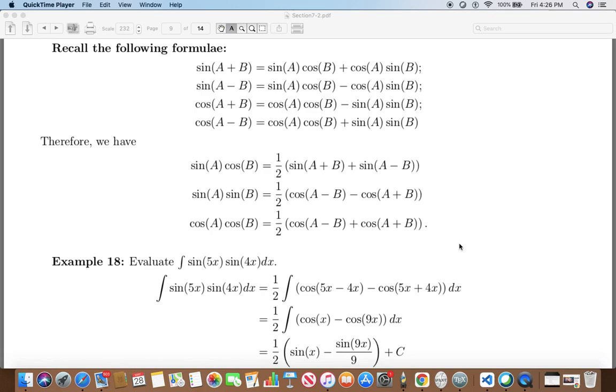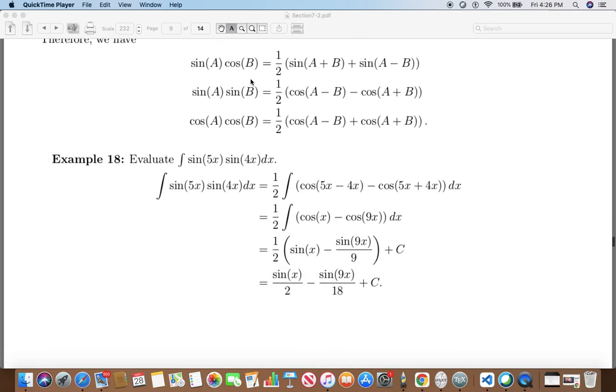Now this is very useful. Why? Well, we are going to use these identities to evaluate something like this. Sorry, the integral of sine of 5x times sine of 4x dx. So you have a product of two sines with different arguments. Well, fortunately, we have this formula.